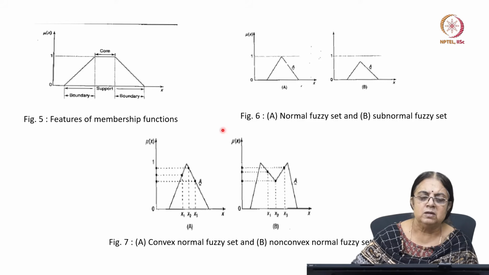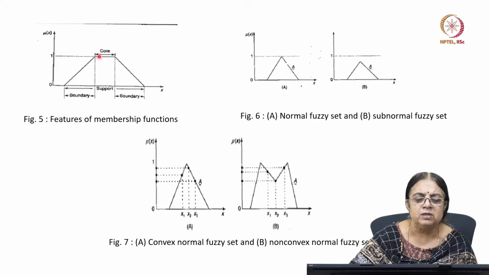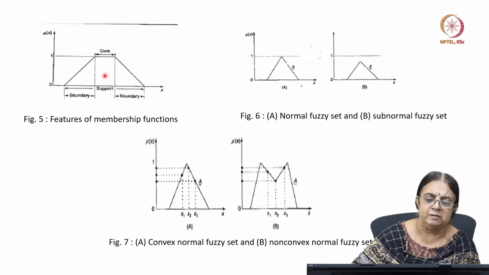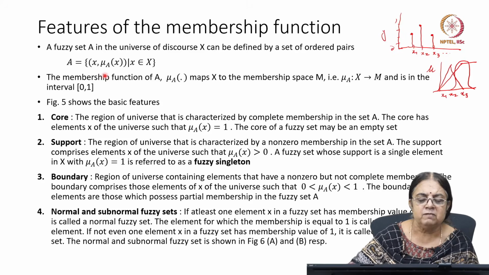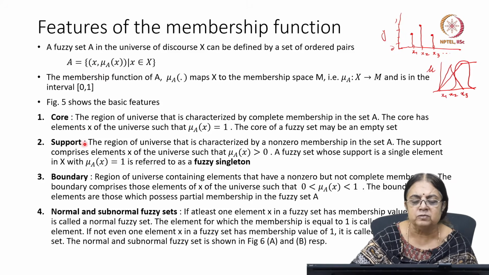In this figure, all these values come in the core. If you didn't have any of these values, you may not have even one value in the core. The second one is what is called the support.